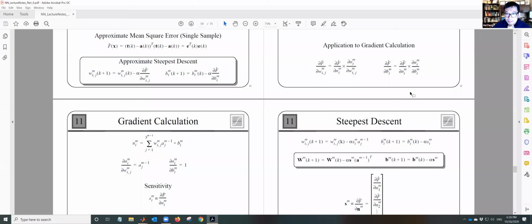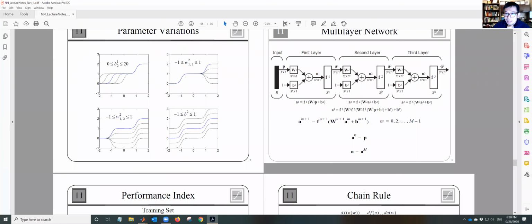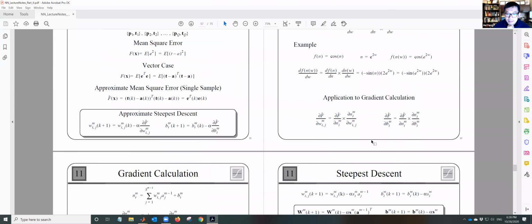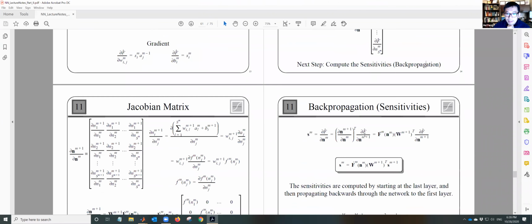For example, the sensitivity over here is F over this n, and then F over this n right here, F over n^(m+1) and F over n^m. What they are missing is just n^(m+1) over n^m. But n^(m+1) over n^m equals W^(m+1) times F dot^m of n^m.